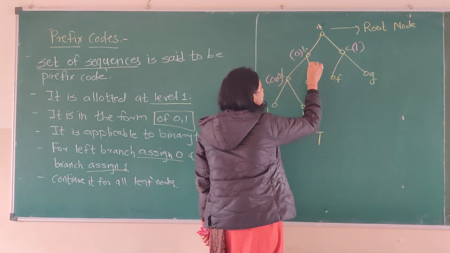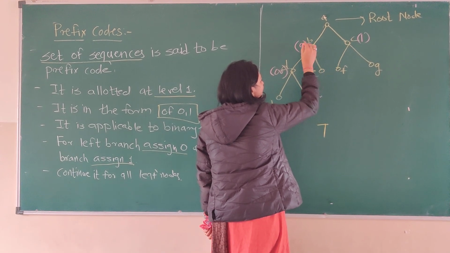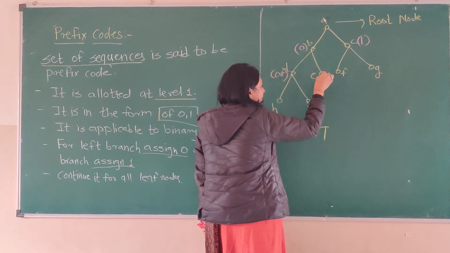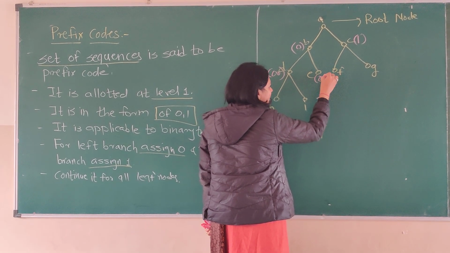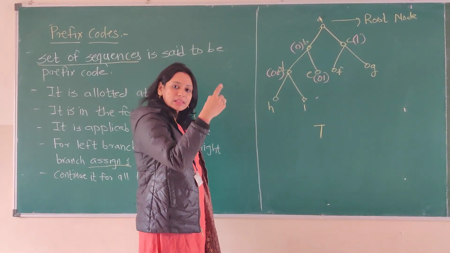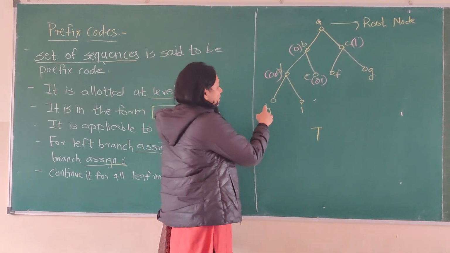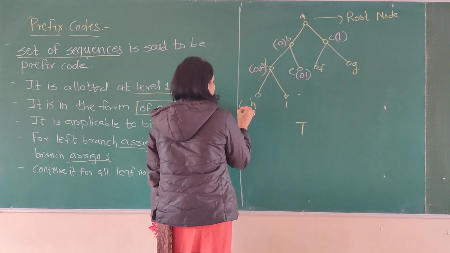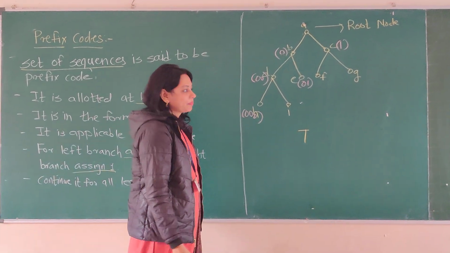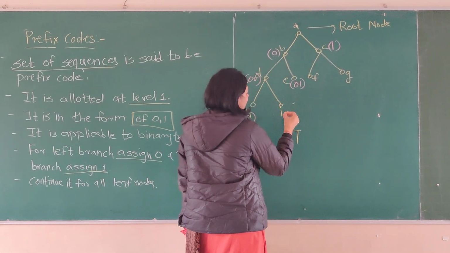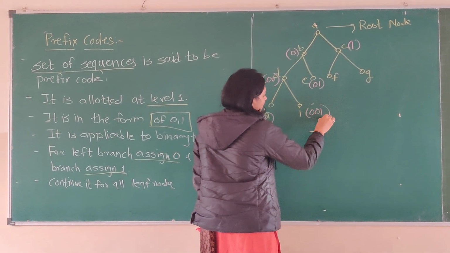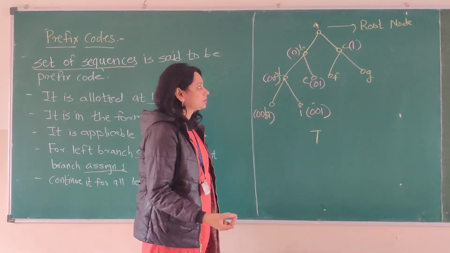Now as E is the rightmost node of this vertex B, here 0 will be as it is, and for this E, as it is the right branch, it will be 0, 1. Explore it for the next node. As it is H, take 0, 0, and for this H I am assigning one more 0. For I, it is the rightmost branch from 0, 0, so it is 0, 0, 1.